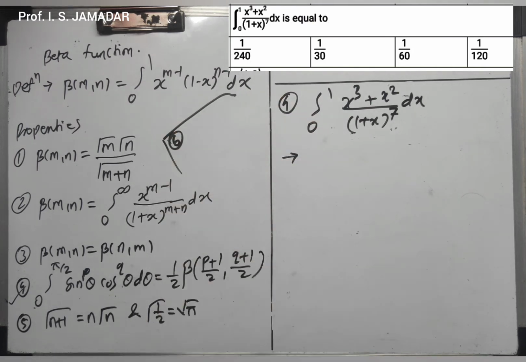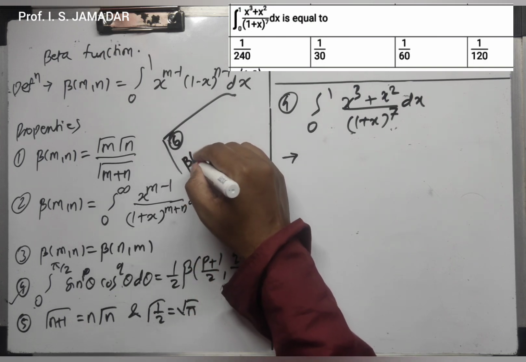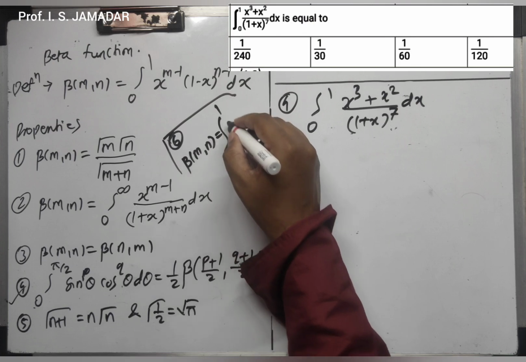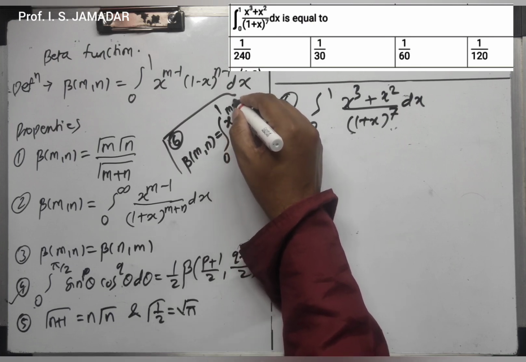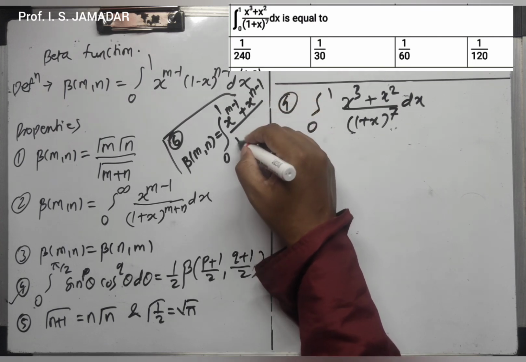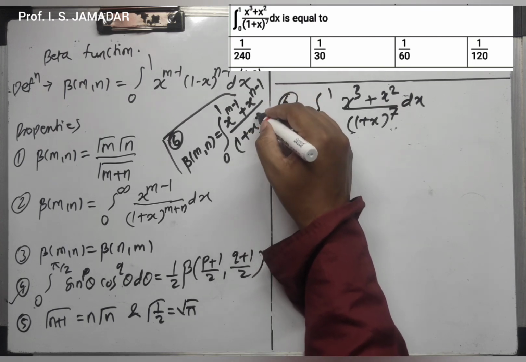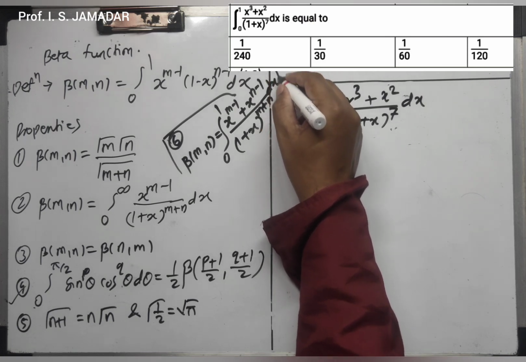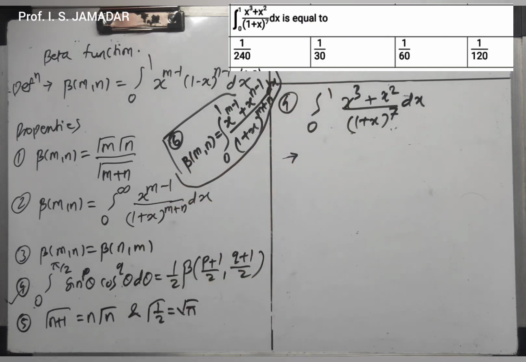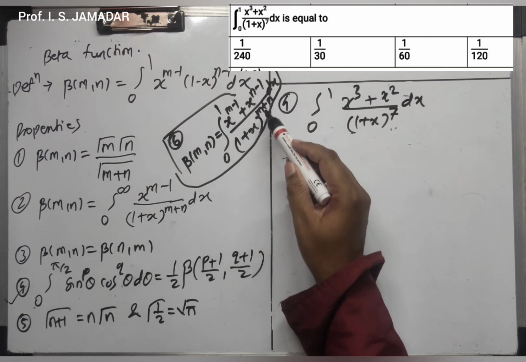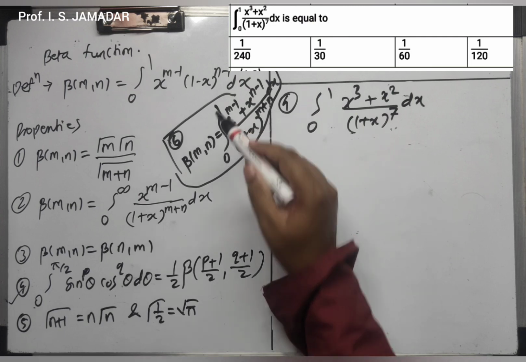Beta of m, n is equal to integration 0 to 1 of x raised to m minus 1 plus x raised to n minus 1 upon 1 plus x raised to m plus n dx. This is the property. Limits are 0 to 1.